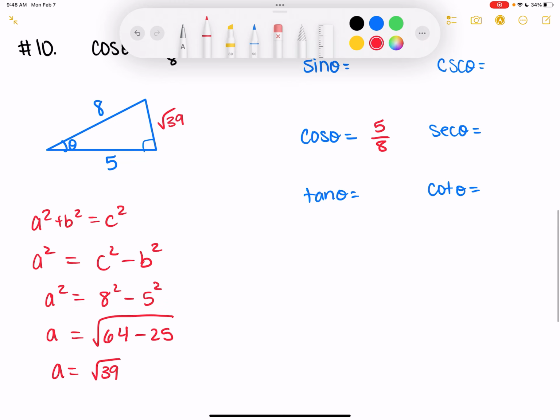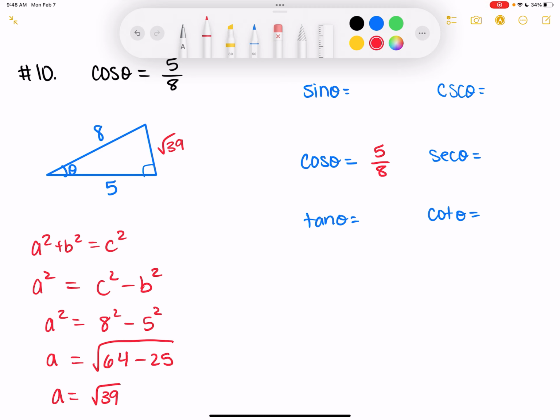So then I just need to figure out sine. I already had cosine, find tangent, and then the other ones will come from there. So what would sine of theta be? 3 and 13. Huh? Square root of 39 over 8. And then tangent, square root 39 over 5.